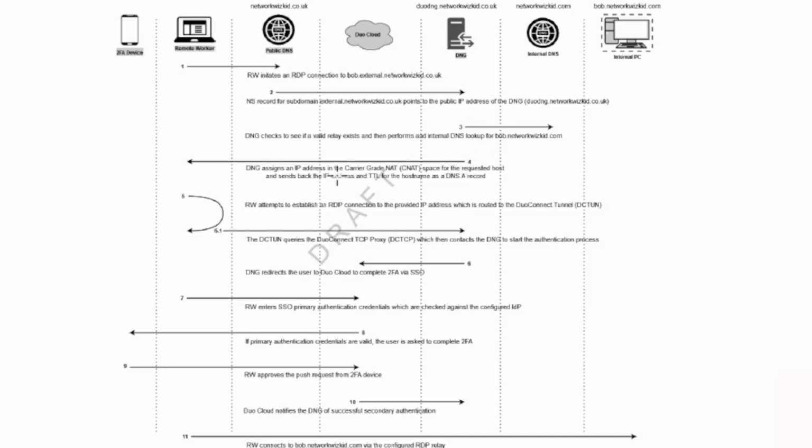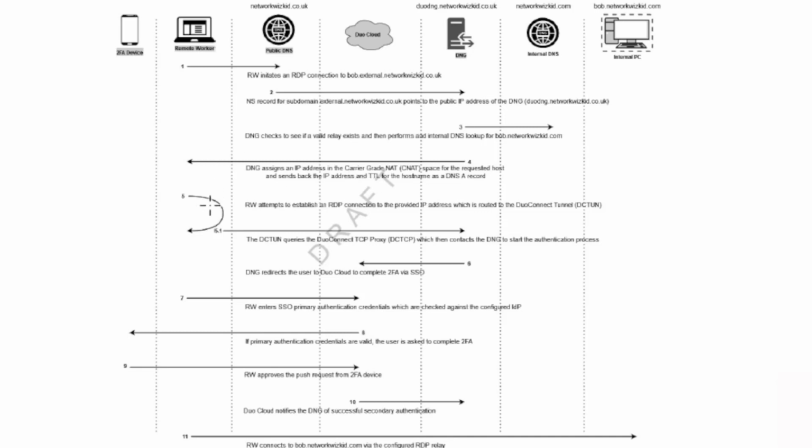So once that's done, the DNG assigns an IP address in the CGNAT or carrier grade NAT space for the requested host and sends back the IP address and the TTL for the host name as a DNS-A record. So that's from the DNG back out to the remote worker.